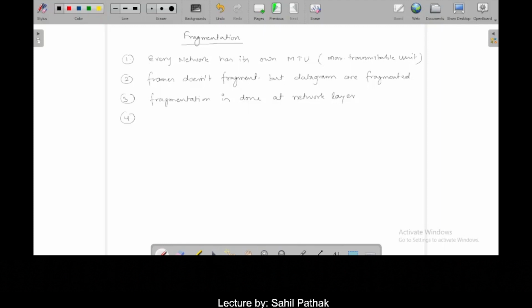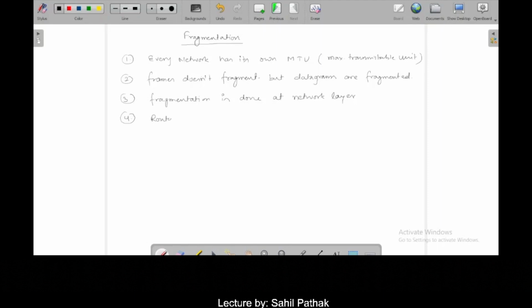And the last point is that the router takes the responsibility of fragmenting the packet or datagram, and not the bridges and switches, because bridges and switches are devices working on the data link layer.